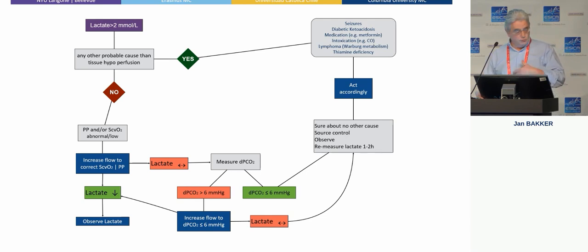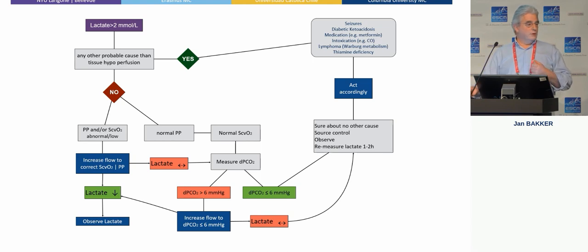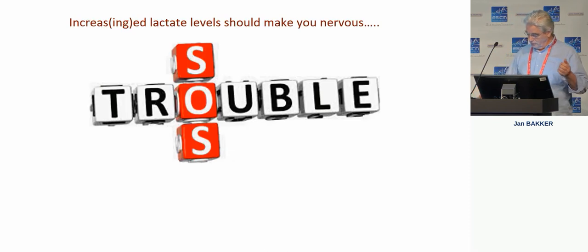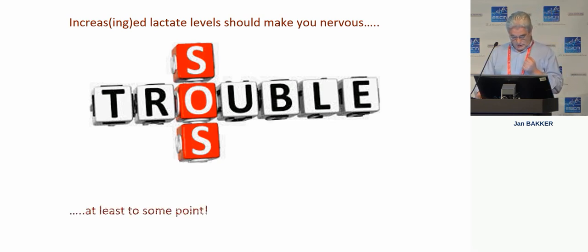If lactate does increase, you have to rethink again and remeasure again. And the complete scheme is like this. And so the first thing you need to do is create context and then use all the perfusion parameters we have to optimize. So increased lactate or increasing lactate levels should make you nervous, at least in some cases.